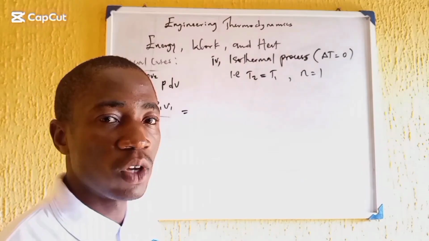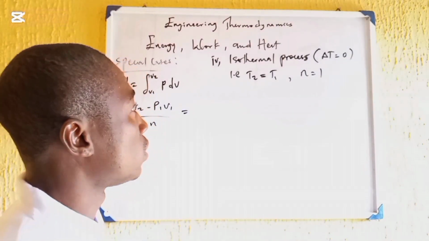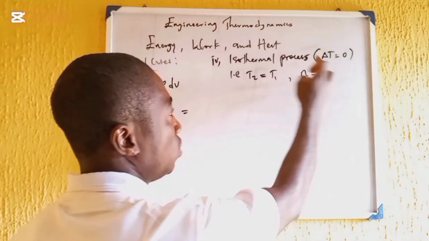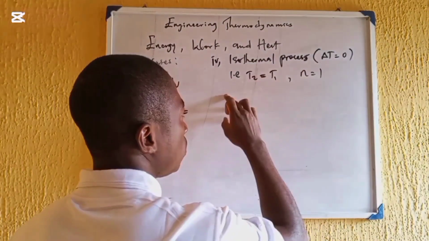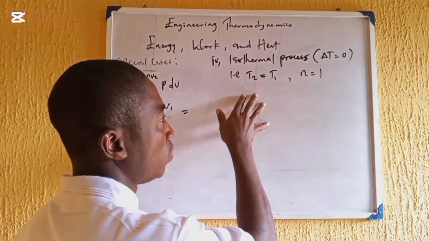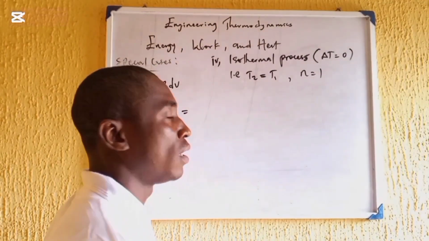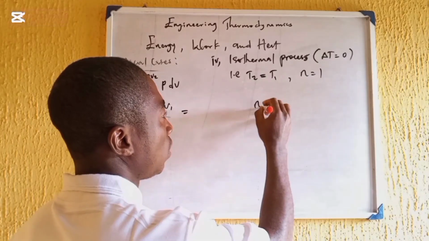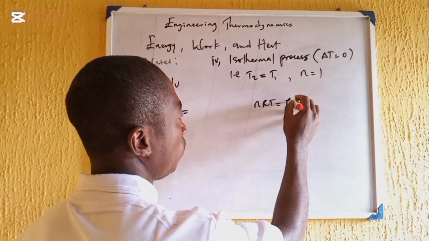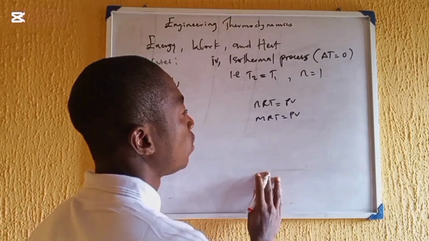So the last case we'll be considering is the case where temperature is constant, and it's called isothermal process. Change in T is equal to 0, that's T2 is equal to T1. And for that to be true, n is equal to 1. Remember, in the ideal gas equation, nRT is equal to PV, or mRT is equal to PV.